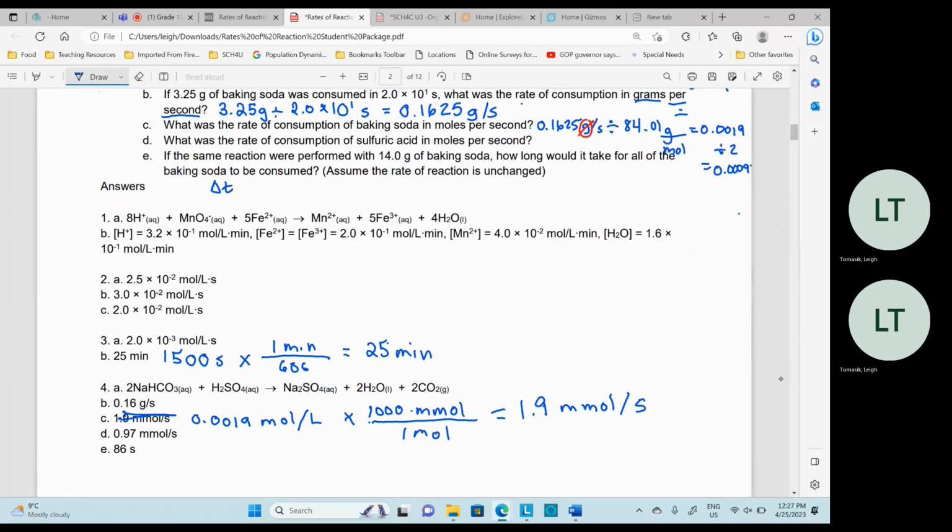So delta T equals delta C over R. So we need to use the grams rate, 14.0 grams divided by 0.1625 grams per second. And that's going to equal 14 divided by 0.1625 gives me 86 seconds.